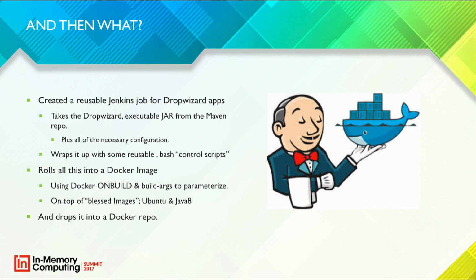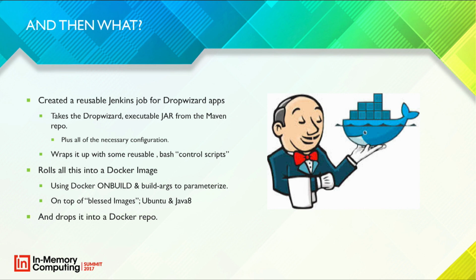So I built a reusable Jenkins job that pulls that executable jar back out of Maven, wraps it up with all the necessary configuration, and wraps that up with some reusable control scripts written in Bash, so the thing is basically generic with some 12-factor stuff applied to it. It rolls all that into a Docker image, built on layers of Docker images, because I'm sure all of you that use Docker are the same as us, in that security has to bless your images.